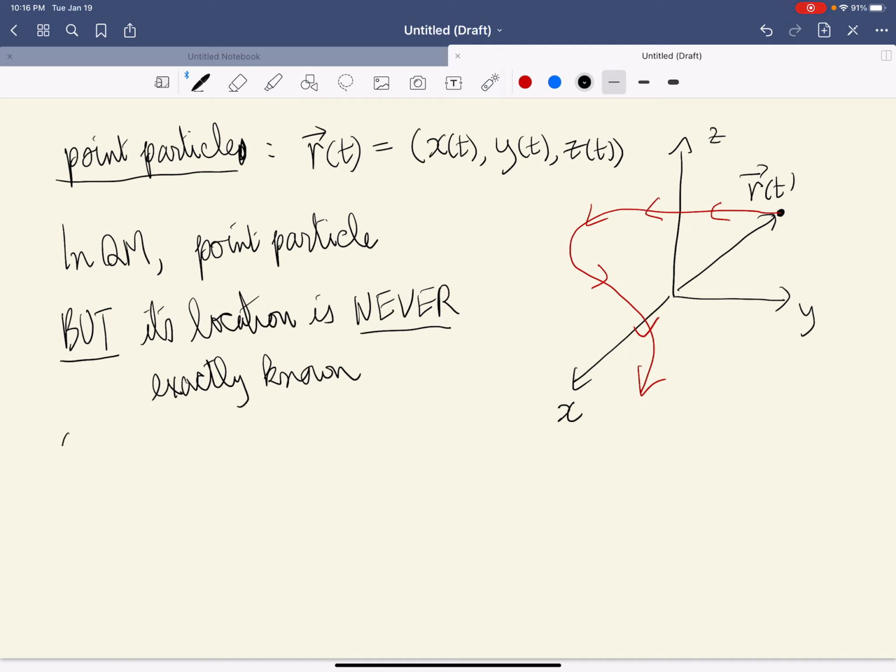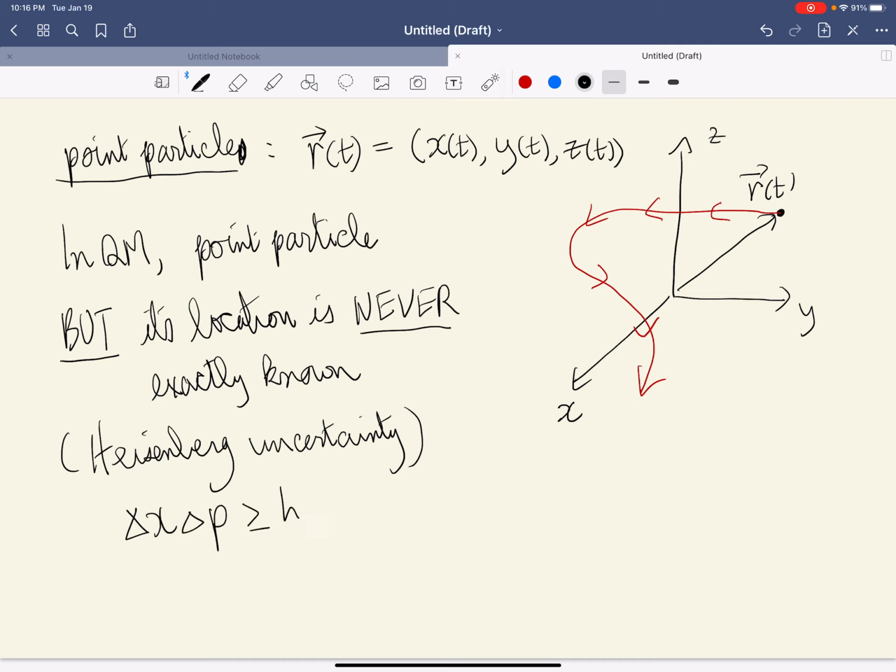Okay, so perhaps you may have heard of the Heisenberg uncertainty, or you may have seen some formula that states some sort of inequality like this. Well, whatever. The Heisenberg uncertainty relation is not really anything that's independent of quantum mechanics itself.